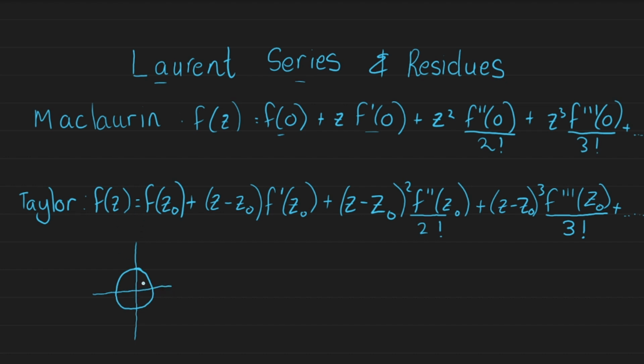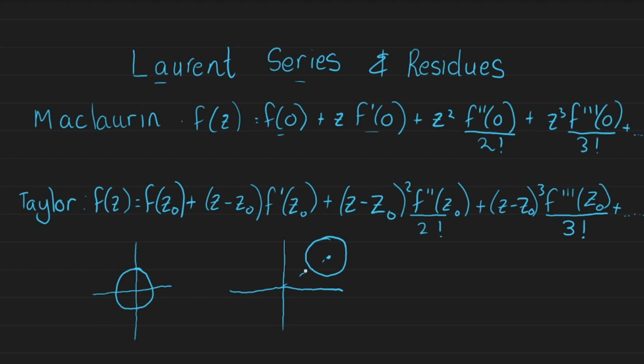We saw that a limitation of this is that we can have a singularity on the boundary of the circle and perhaps even within the circle of convergence. So how we dealt with this issue was considering the generalized form of the Maclaurin series, which is the Taylor series. With the Taylor series, we can move this circle of convergence to, instead of being centered at the origin, be centered at some other arbitrary point, maybe z0.